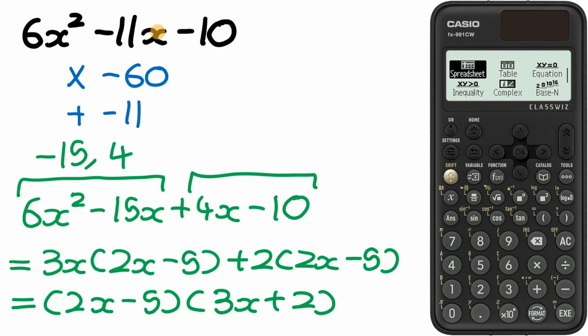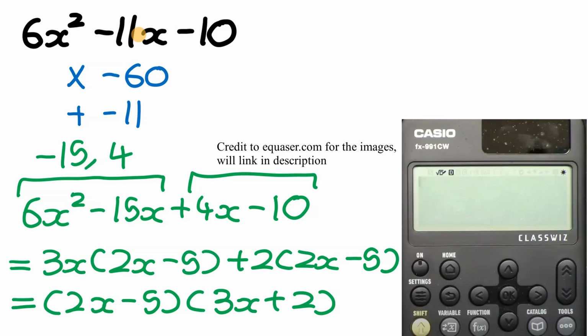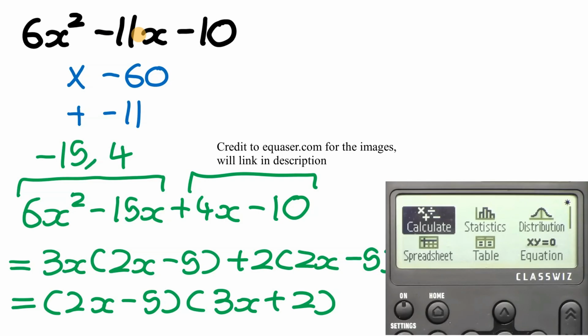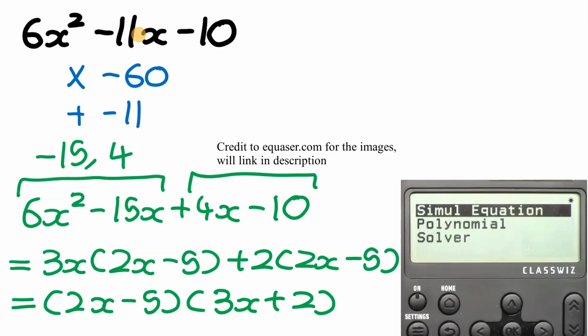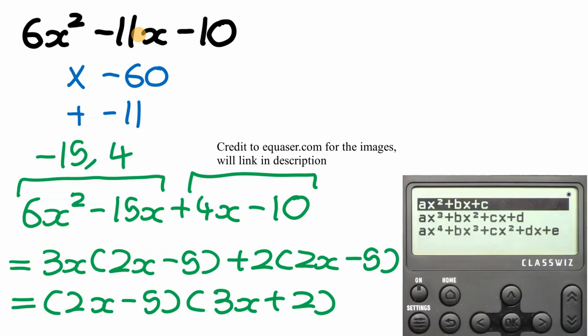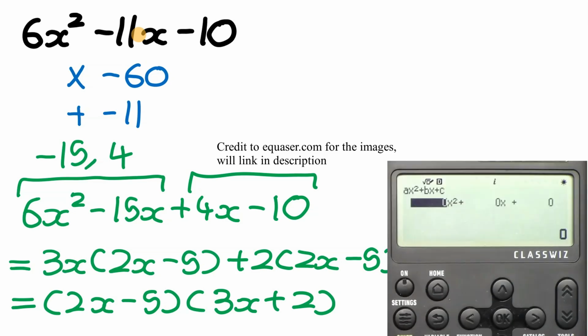So if we use this quadratic here, on your calculator, press the home button to get this screen here with all the different options that your calculator has. Select the equation option to get to this screen, then select polynomial for this screen, then select the ax squared plus bx plus c as we're working with quadratic to get this screen here, and then insert the numbers for this quadratic.